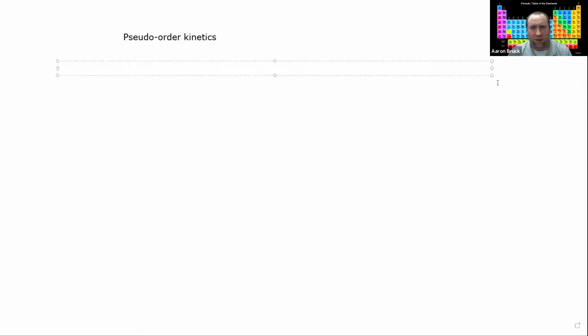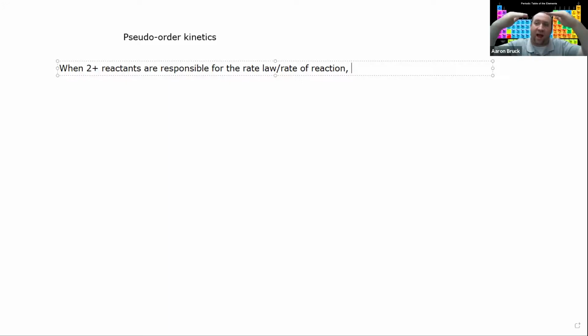So the premise is this: when two or more reactants are responsible for the rate of reaction, we take however many extra reactants there are and amp up their concentrations to a high degree so that they become constant.